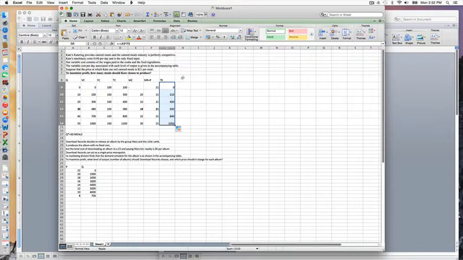Okay. And profit is going to be total revenue minus total cost. That's my total revenue and that's my total cost. Those are the columns we are going to use in our calculations. Okay, that's my profit. Let's look at these numbers.